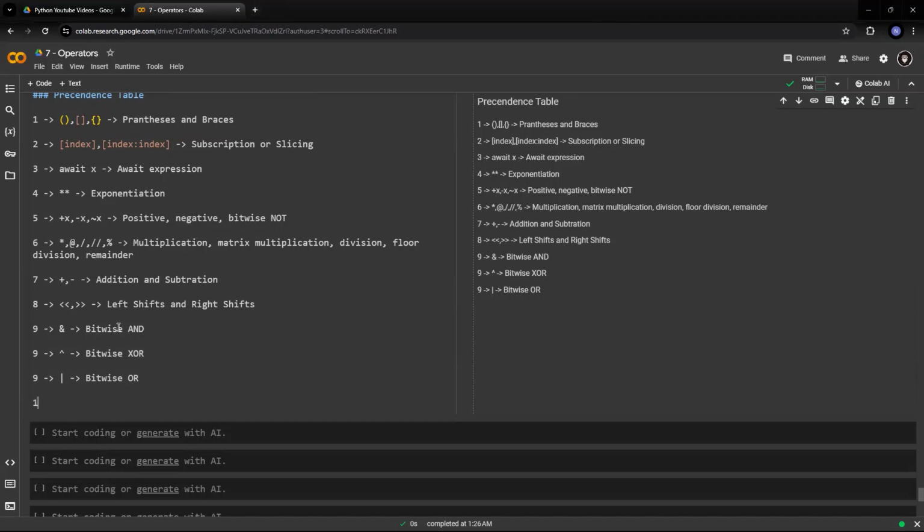These are considered at the 10th precedence. So you have in, not in, is, is not, less than sign, less than equals to, greater than sign, or greater than equals to. What else you have?